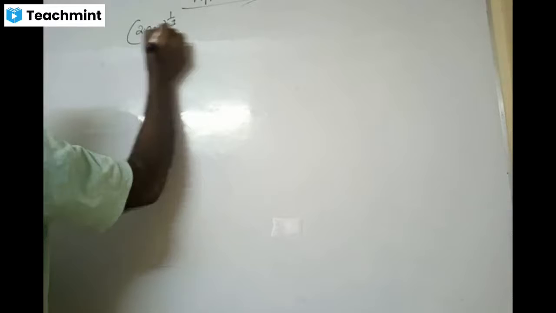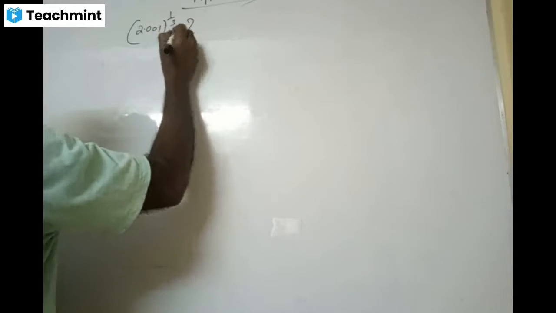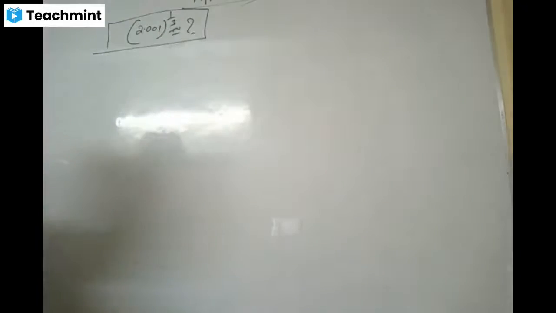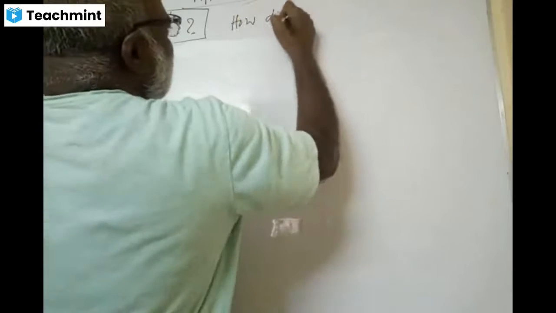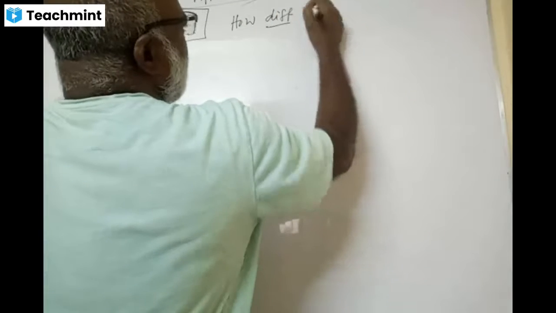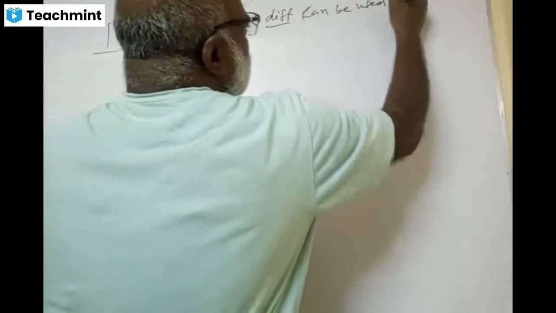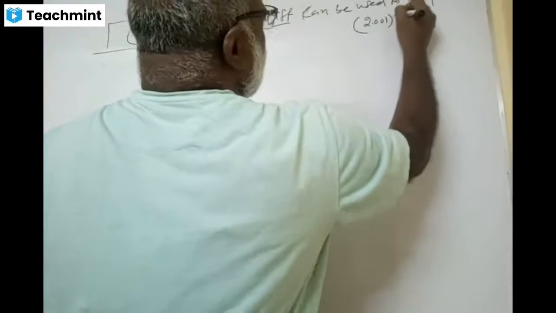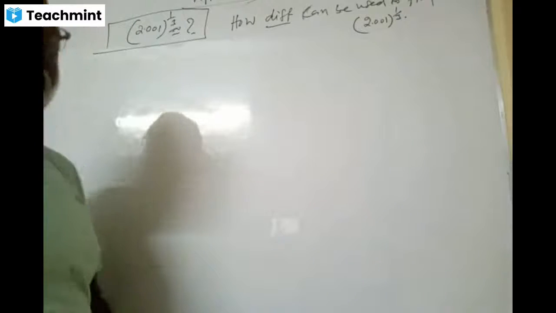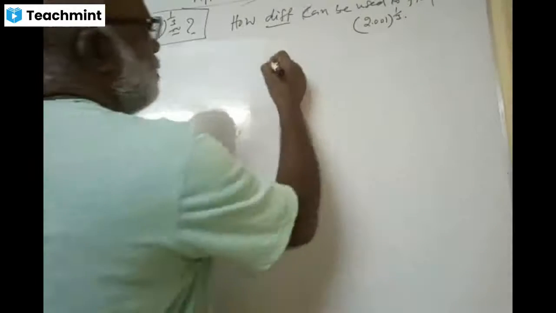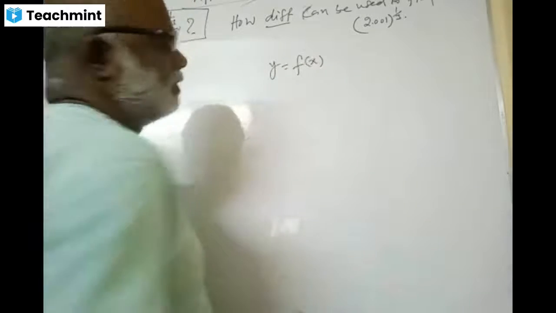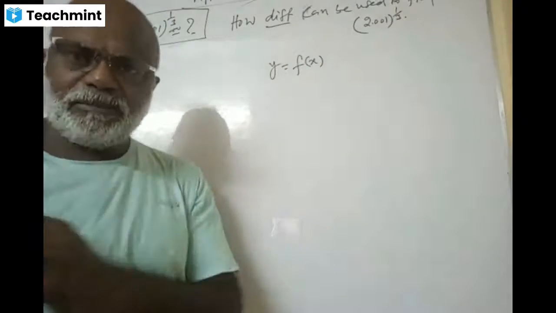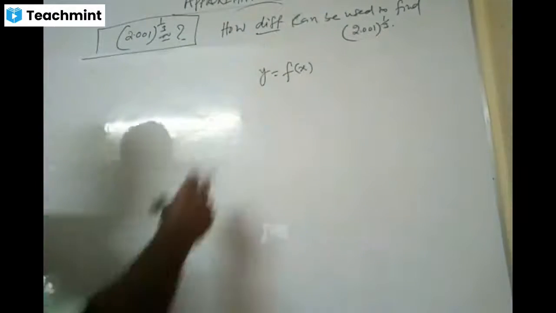We will keep this as a headline, and then see how differentiation can be used to find it. First, I'll take a function y equal to f of x, because only through a function can I give a derivative.